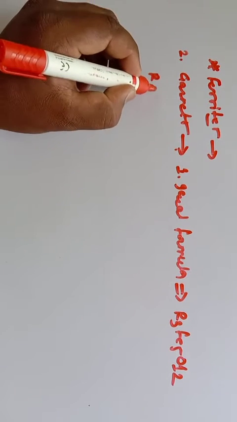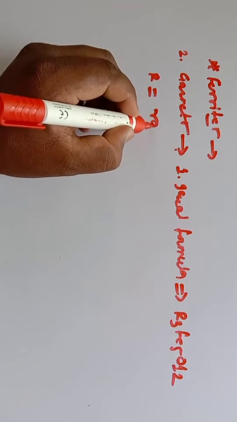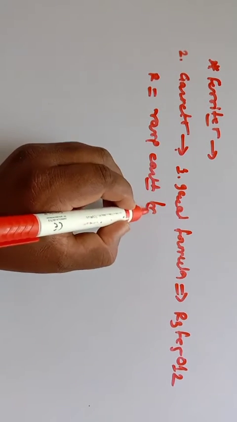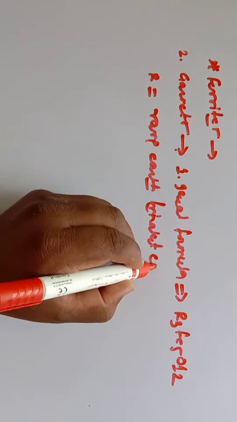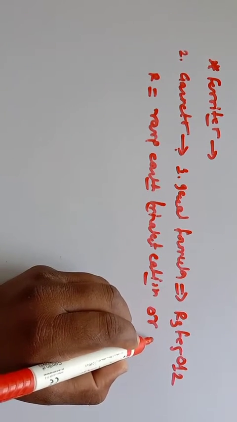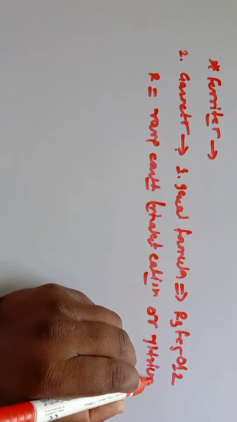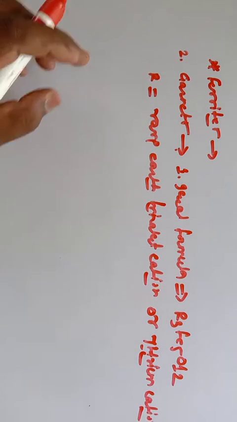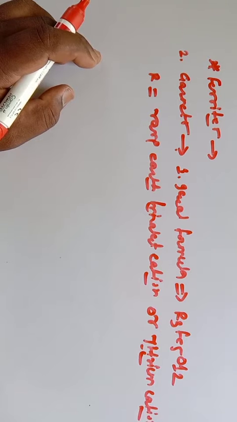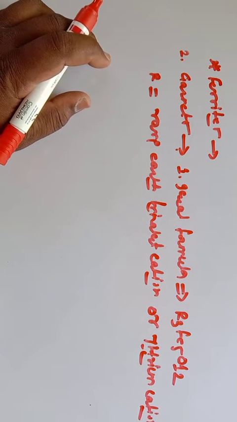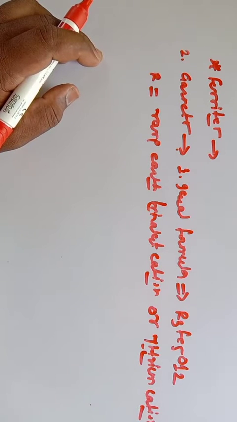So this R is a rare earth trivalent cation, or yttrium cation. So you should keep in mind the general formula. We already discussed the spinel, that it has the general formula AB2O4. So garnets, that is R3Fe5O12, where R is a rare earth trivalent cation or yttrium cation.